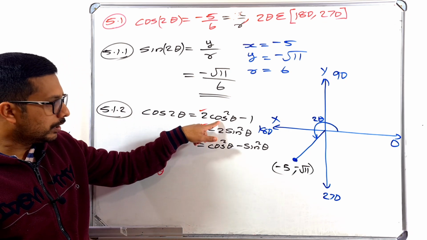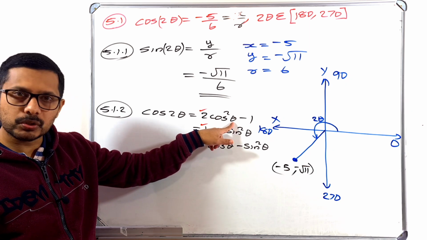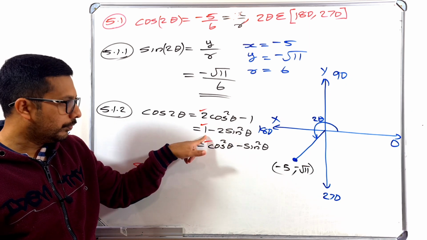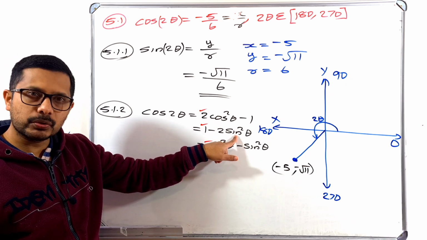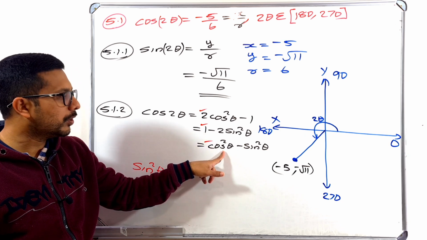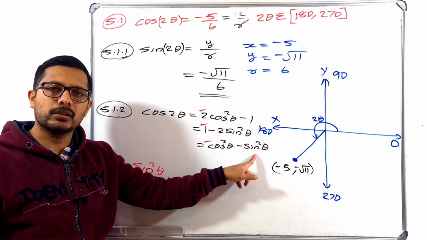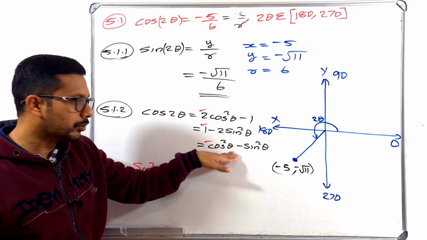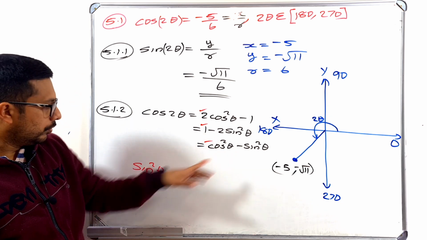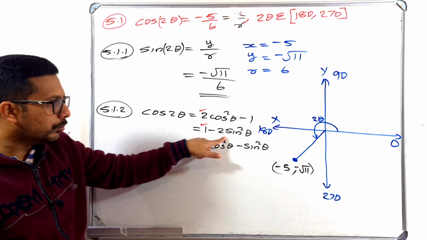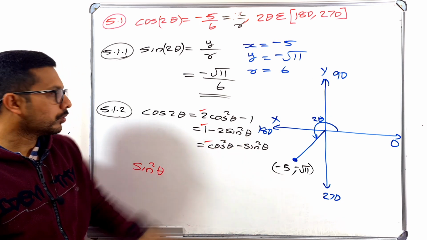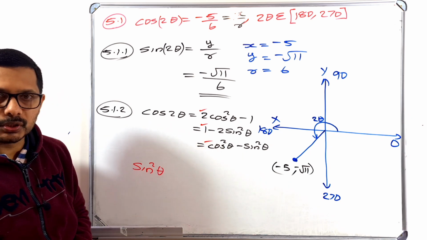If we use the first one, we can find cos squared theta or cos theta. If you use the second one, we can find sine squared theta. But you can't use the third, because both terms are there, so there is no use for that formula. To find sine squared theta, it is better to use the second formula. So we can use that formula in our question.